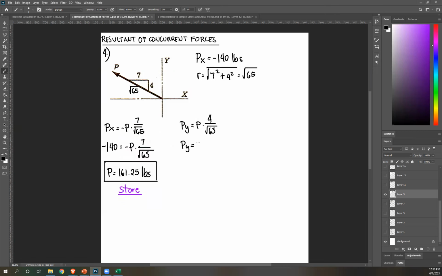It's 80. So 80. So again, unit. That's how you get force P if you're just given one component.